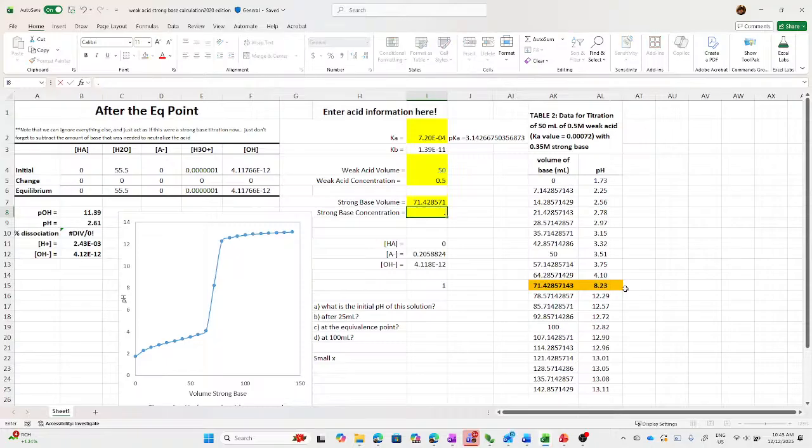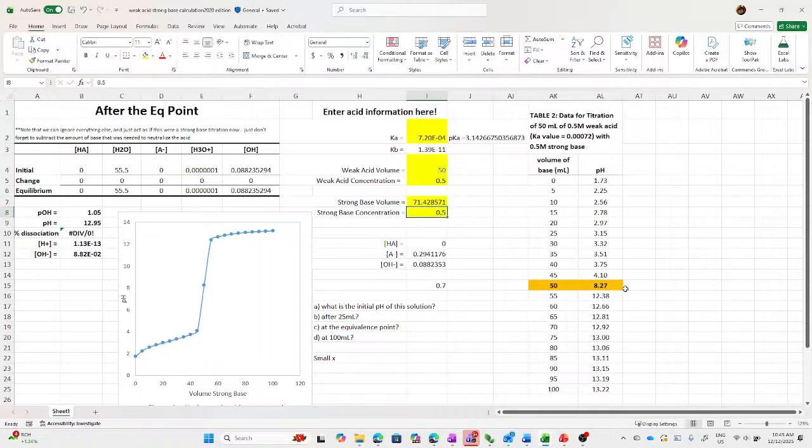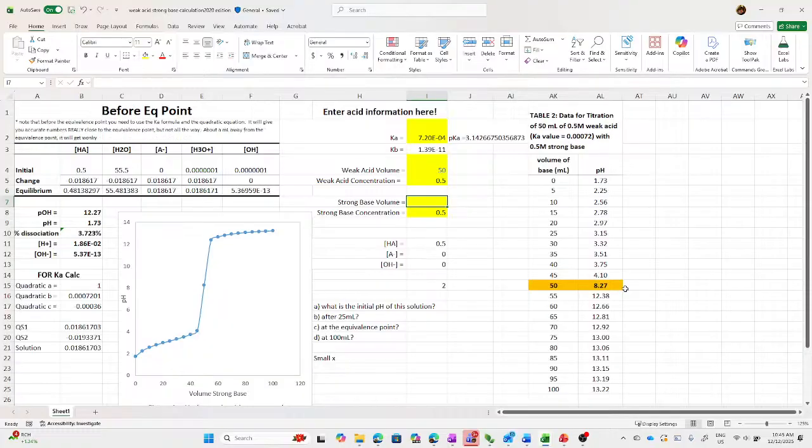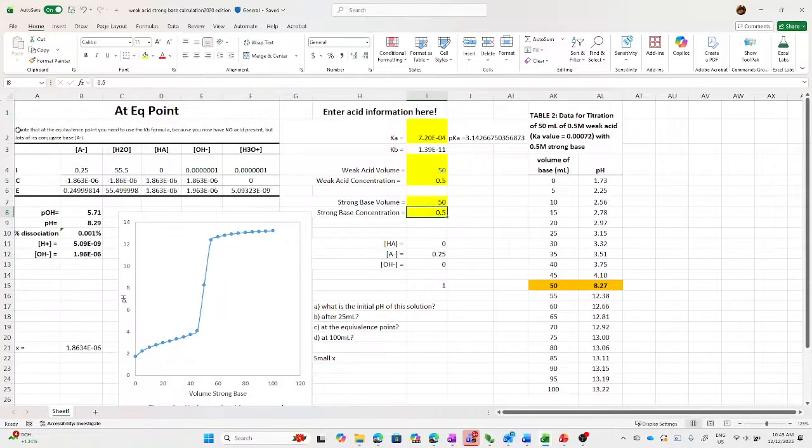I'm going to change this to 0.5 molar as well, because if they're the same concentration, what will the equivalence point be in this case? Team? It'll be 50. And if you actually nail it, it will even give you the concentration at the equivalence point, and you'll note that it's doing the base equilibrium now. Does that make sense? So this will answer the question for you.